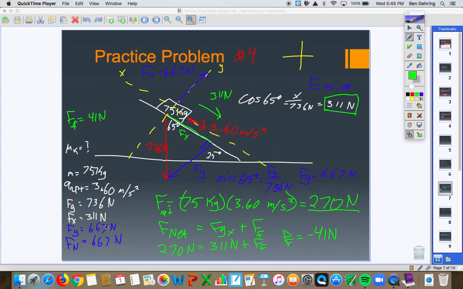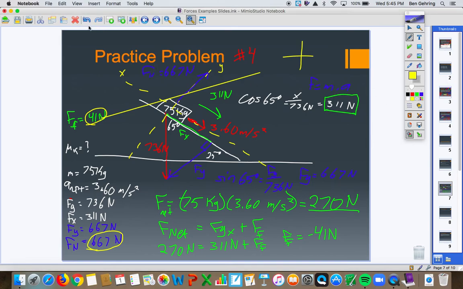So now I have a normal force here, let's use yellow, a normal force here, and I have a force due to friction here. My coefficient of friction is going to be equal to my frictional force over my normal force. And so I can calculate my coefficient of friction by taking my frictional force of 41 newtons and dividing it by my normal force of 667 newtons.